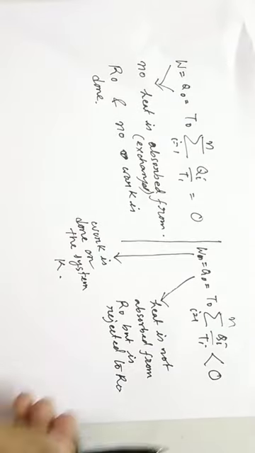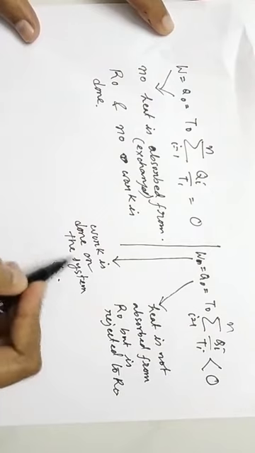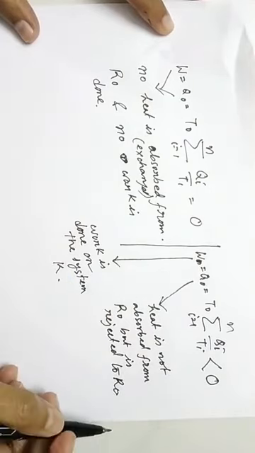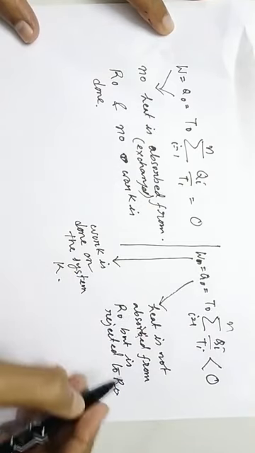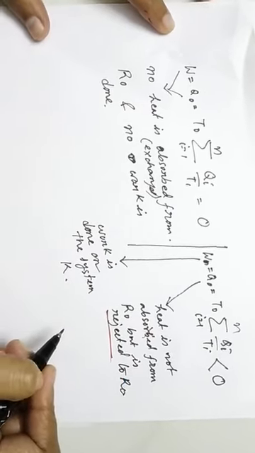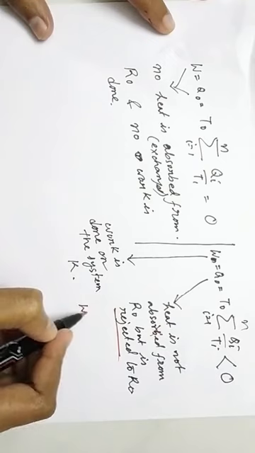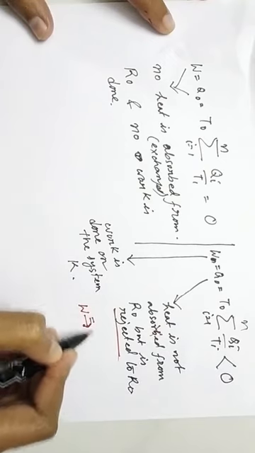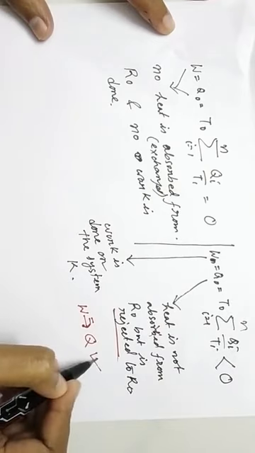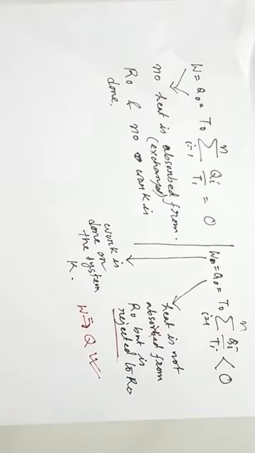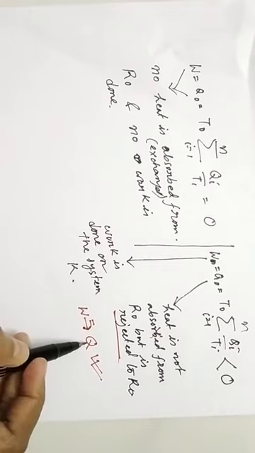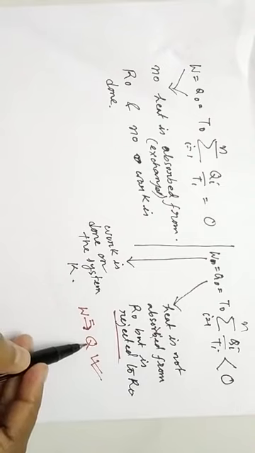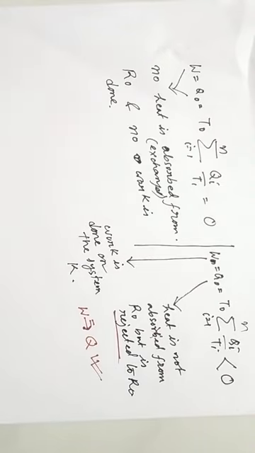If W is negative, it means that work is done on the composite system K, and then Q0 will also be negative. It means that heat is not absorbed from R0, but heat is rejected to R0. It will mean that W amount of work is done on the system, which is completely converted to heat. Which is correct, because we already know that work can be completely converted to heat, but the reverse is not possible. That is, we cannot convert some amount of heat to an equivalent amount of work, but the opposite is possible.